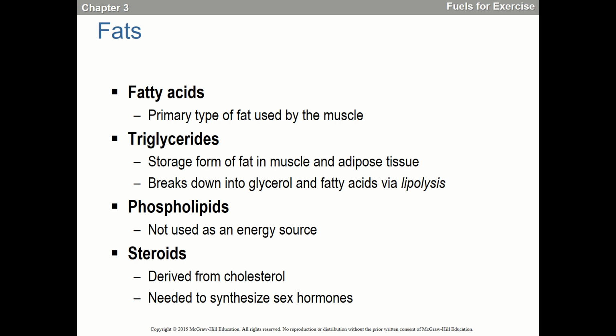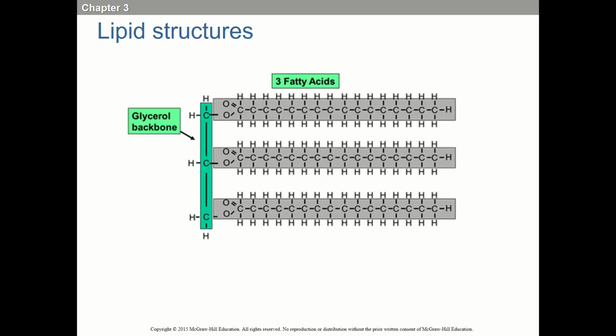Phospholipids, that's not abundantly important for us in terms of exercise adaptation. But steroids, I will talk about this more in the hormone chapters, but not quite yet. So here, the lipid structure, something I want you to understand about this is this glycerol backbone only has carbon and hydrogen in it.